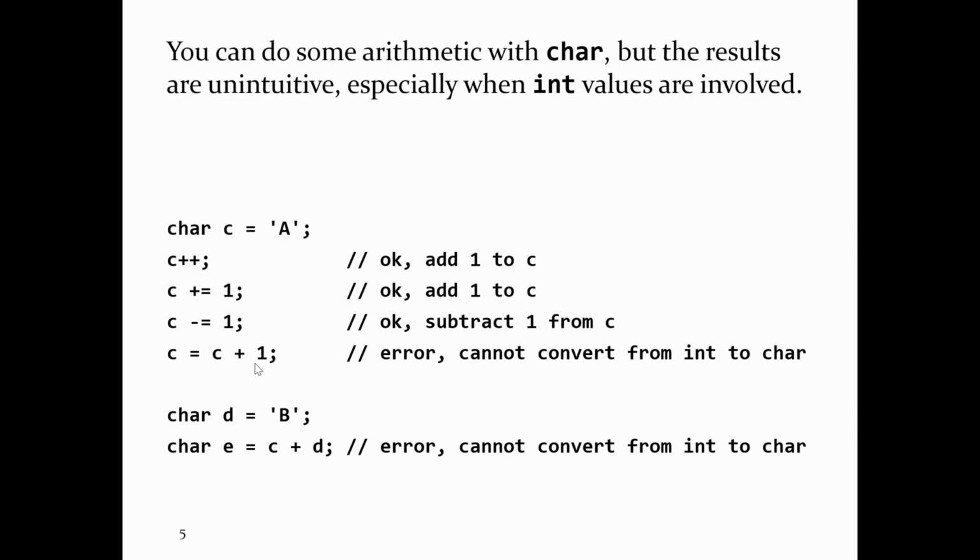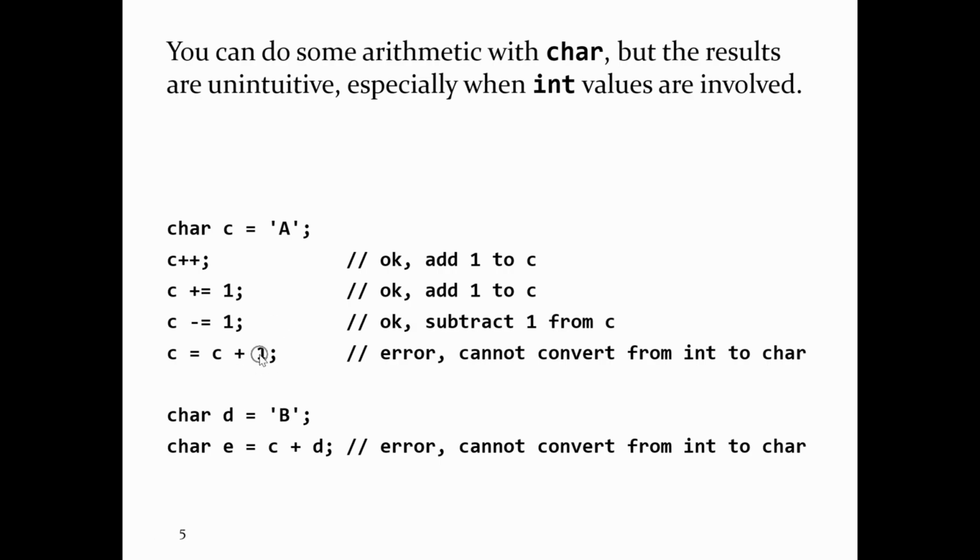So remember, if you ever do arithmetic with 2 ints, you always get back an int. What I didn't tell you is what happens when you do arithmetic with 2 different types. So here's char. The rule in Java is Java converts the smaller type, or the narrower type, to the wider type. So it sees char plus int, so it converts the C to an int, and it performs int arithmetic. So that becomes the int equal to A, which is 65.